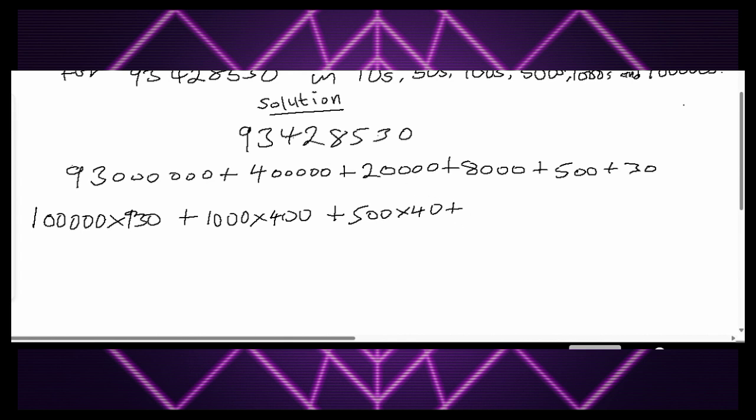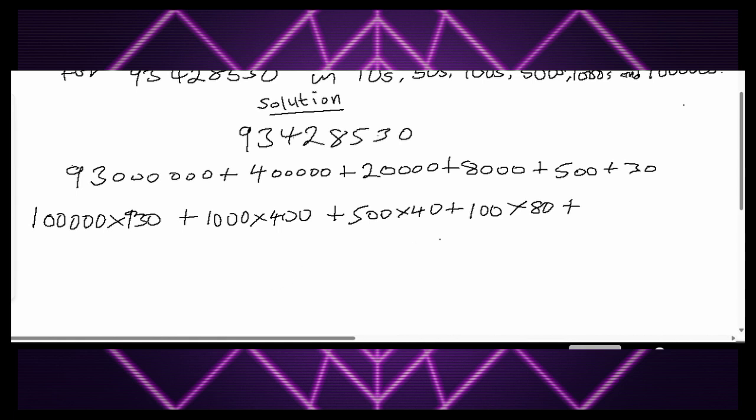After the 500, the next one is hundreds. So I have my 100 here. What can I multiply by 100 to get 8,000? That is 80.